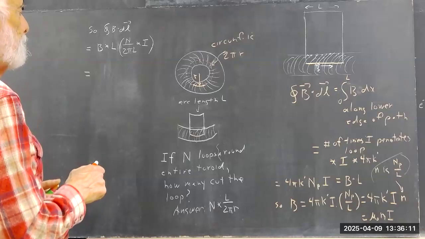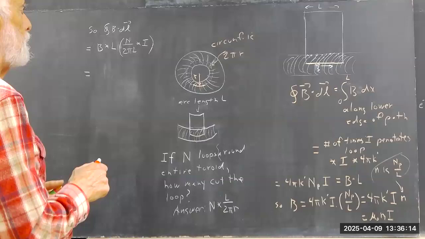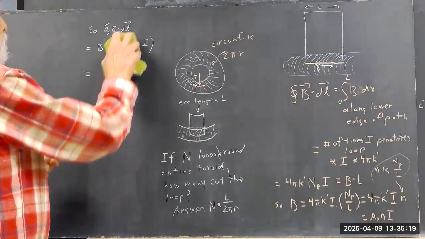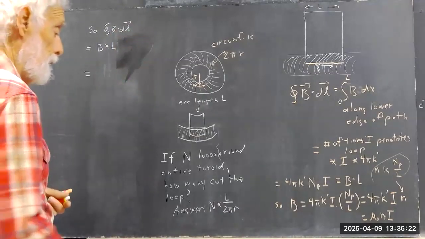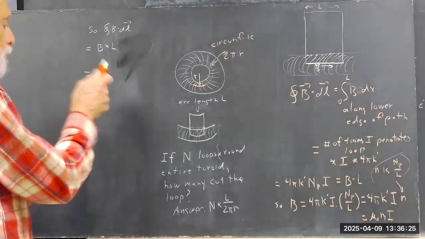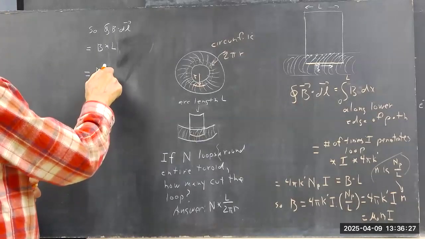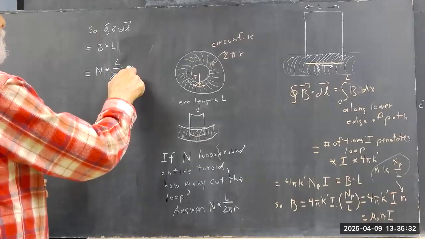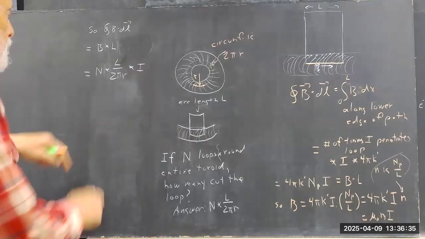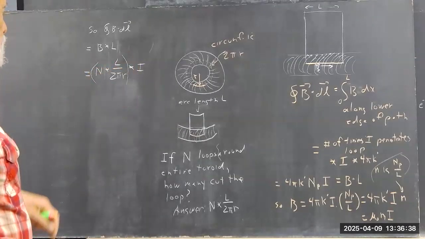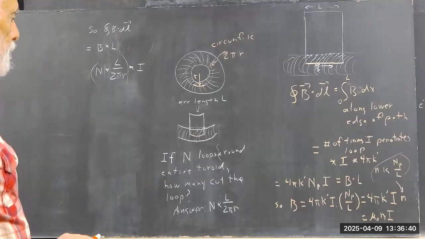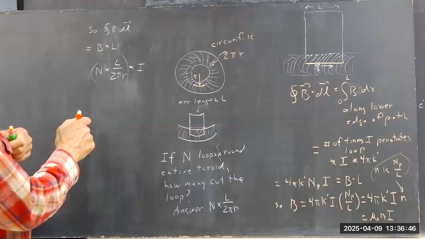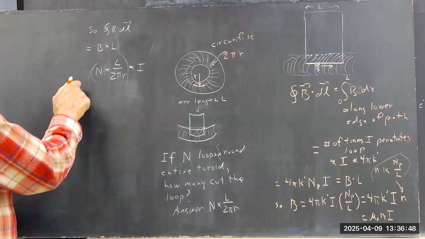And this equals, I got a good night's sleep last night, there's no good excuse. That's B times L, and that equals the number of penetrations times your current, and then it's times mu naught.